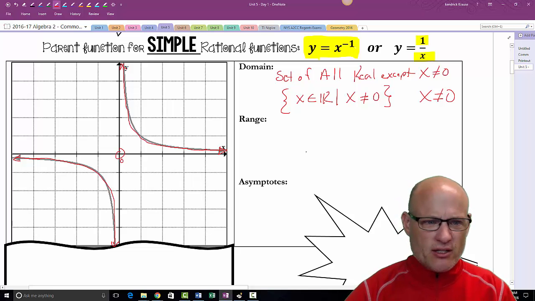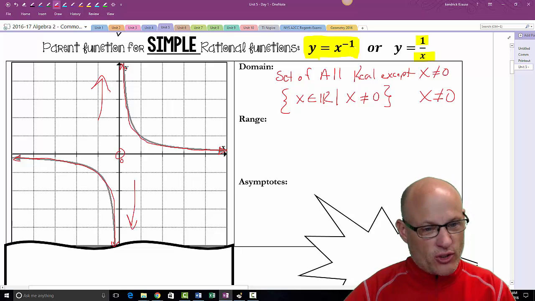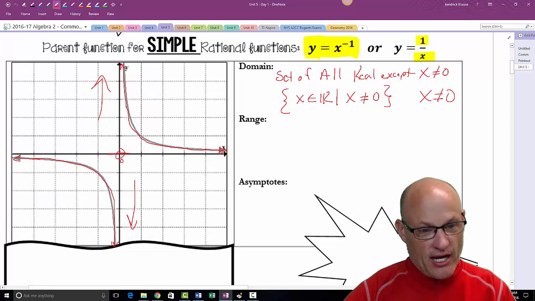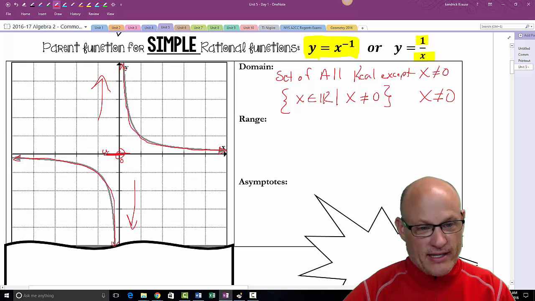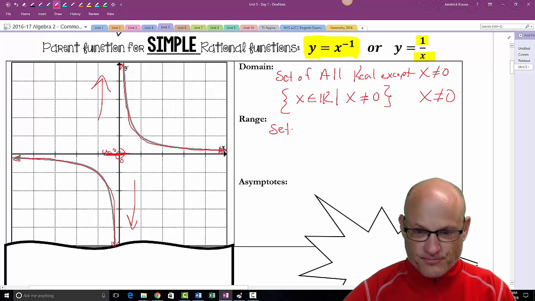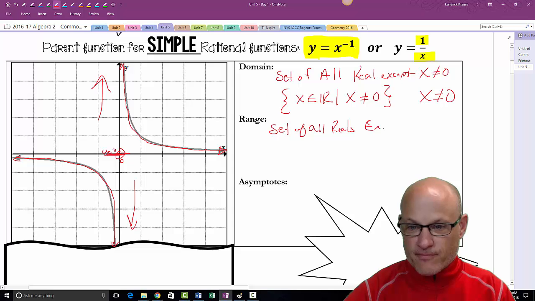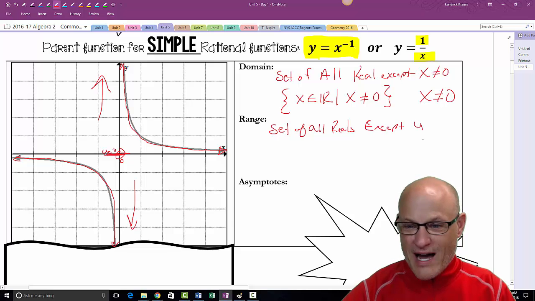All right, how about range? Well, wait a second. It goes forever and ever up. It goes forever and ever down, but as it gets closer and closer to this line, which is the x-axis, when y is equal to 0, it doesn't look like it's touching that either. So, set of all reals except y cannot equal 0.